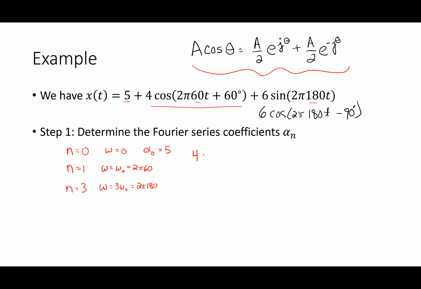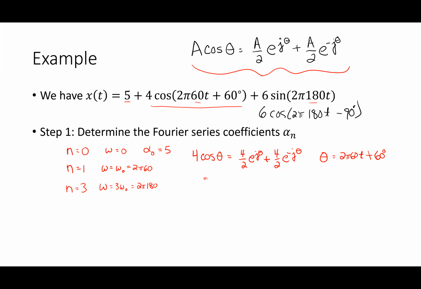So 4 cosine of theta equals 4 over 2 e to the j theta plus 4 over 2 e to the minus j theta. And in this case, theta looks like it's 2 pi 60 t plus 60 degrees.